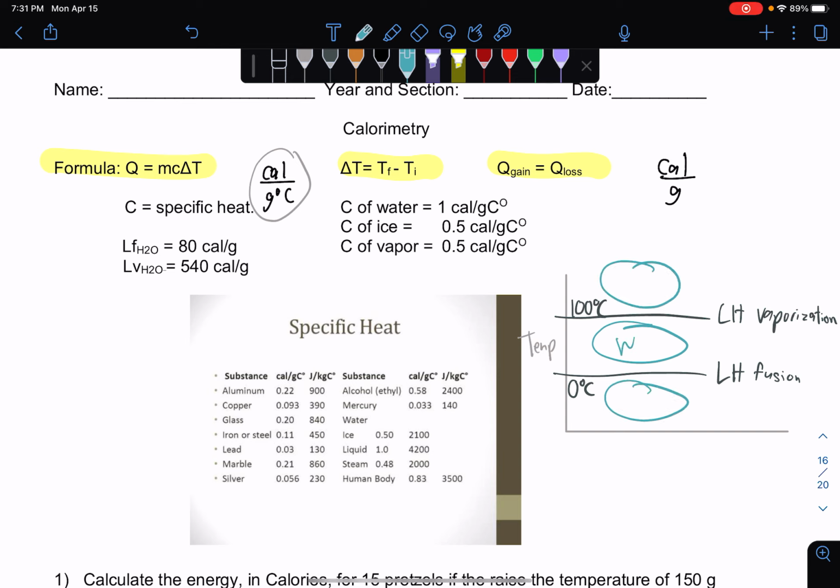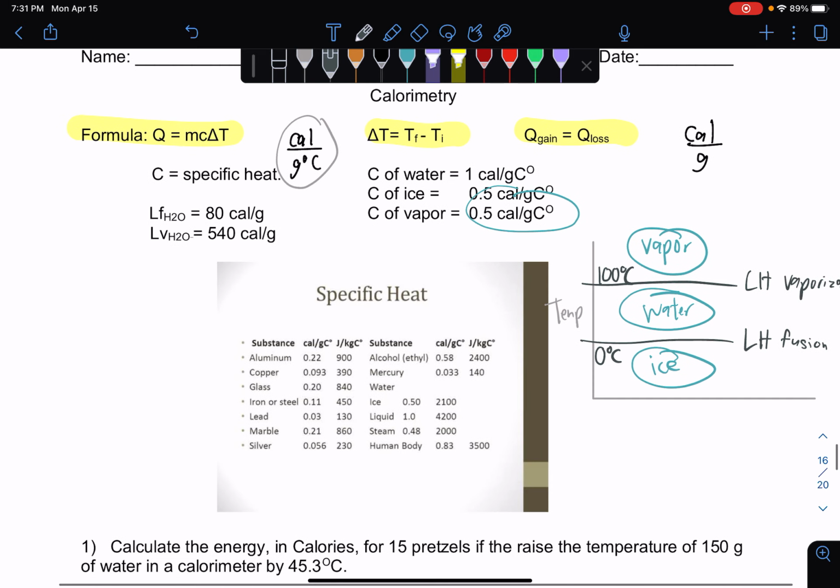For water, the specific heat is always 1 calorie per gram times degrees Celsius. For ice and water vapor, both extremes, they have the same value: 0.5, basically half of the specific heat of water.